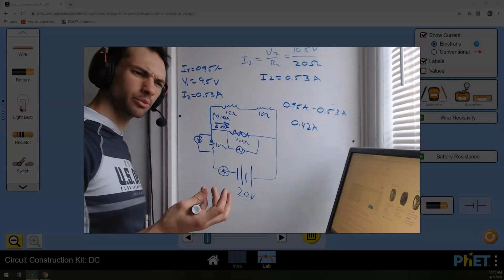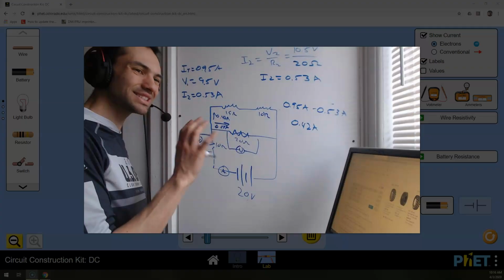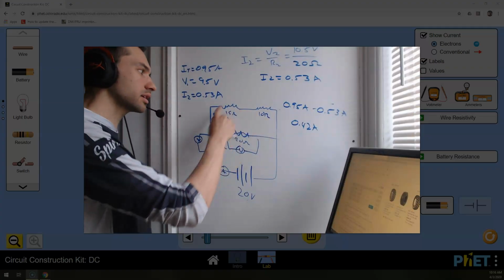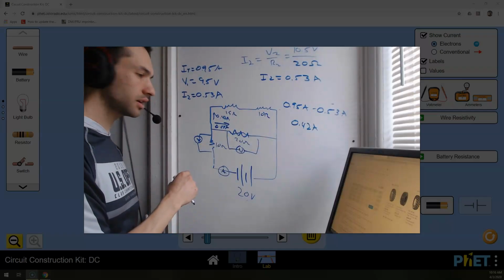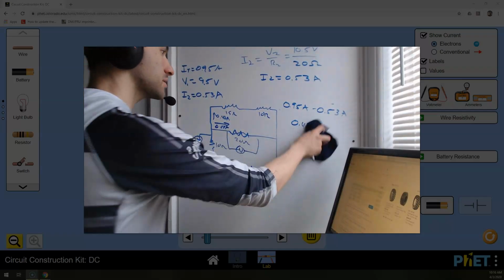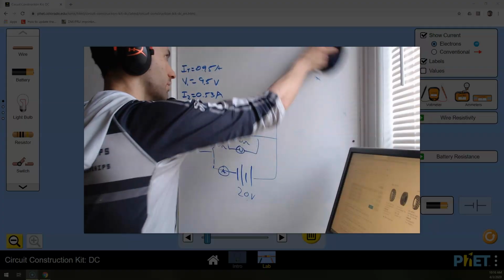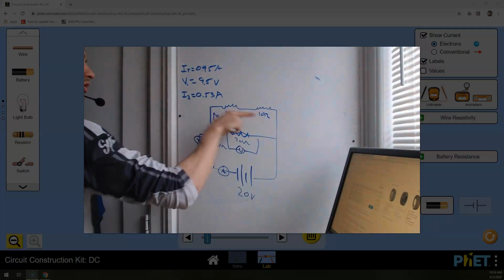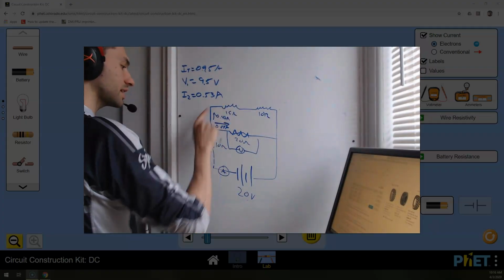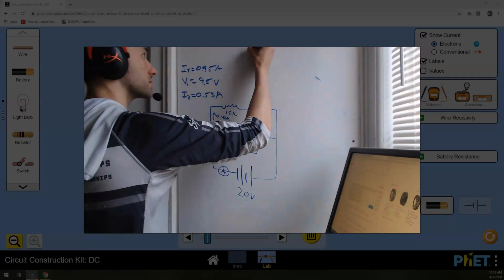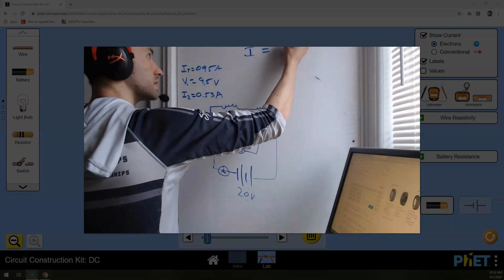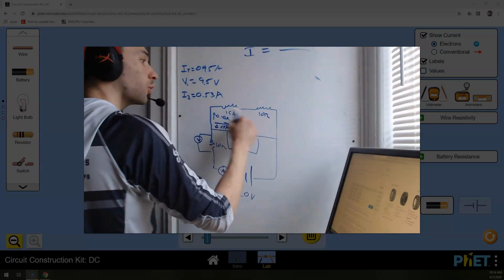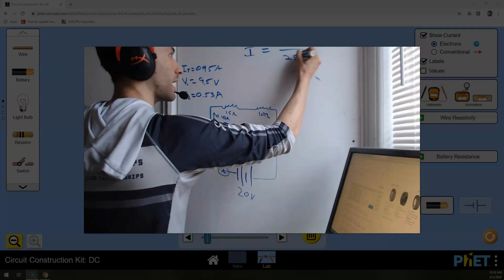Our numbers, depending upon the way we do this, might be slightly different, right? I could have calculated this resistance and found this current instead. So in fact, let's do that. And based on rounding, the numbers might be a tiny bit different, but it's not a big deal. Let's take this voltage, which I know is 10.5 volts, and I know the total resistance here is 25 ohms.